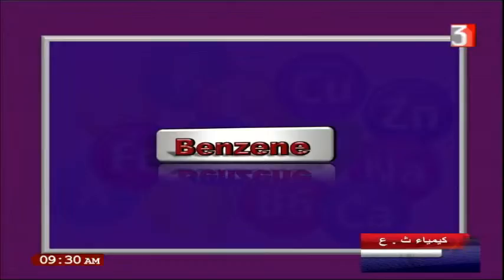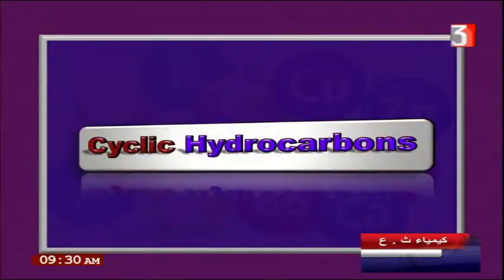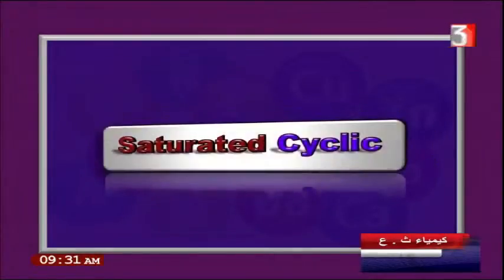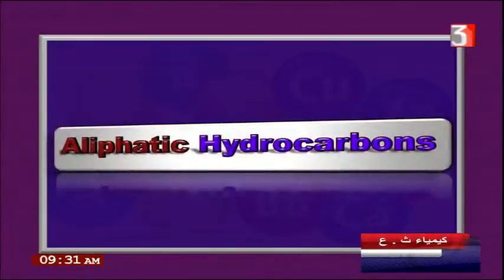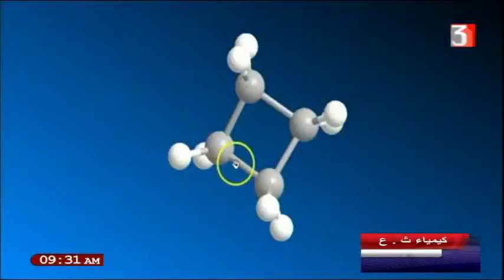It's an aromatic compound. I say benzene is a cyclic hydrocarbon. Cyclic. Yes, there is a big difference between cyclic and open-chain hydrocarbons. My dear students, I have here a saturated cyclic hydrocarbon. When I say aliphatic hydrocarbon, aliphatic here means I have a cyclic shape.